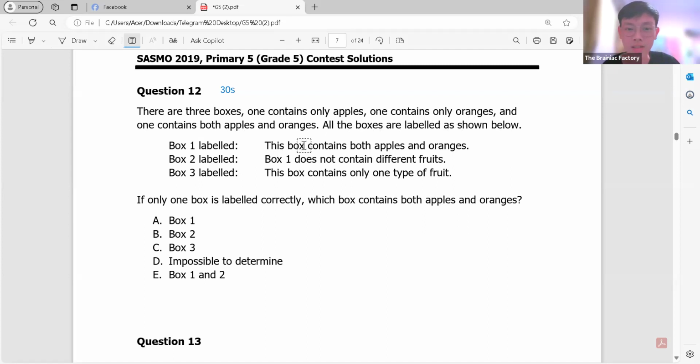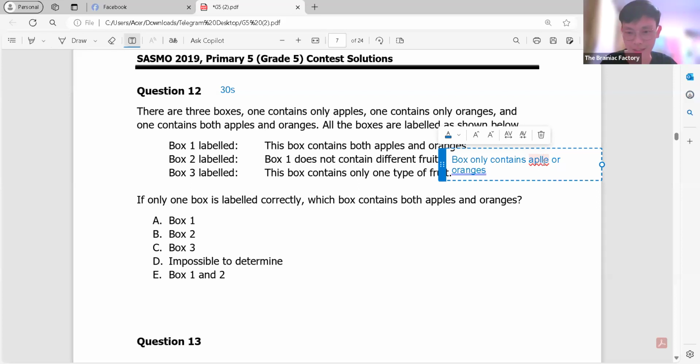Box 1, this box contains both apples and oranges. Box 2 does not contain different fruit, meaning that box 2 only contains apples or oranges.